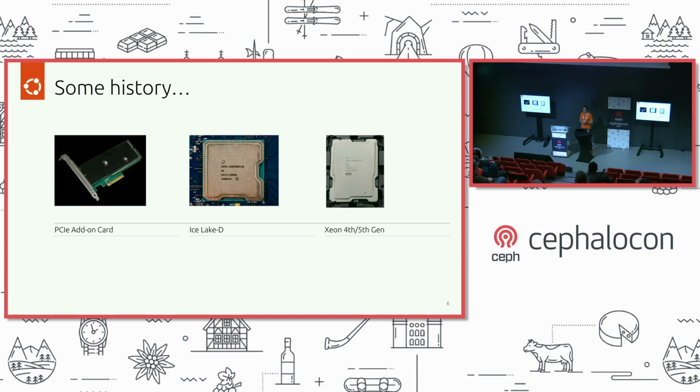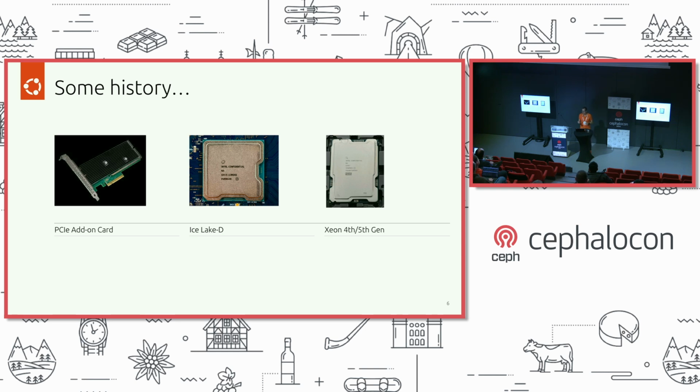Then we got to the middle of the last decade, around 2015-ish, when Ice Lake came out. Ice Lake D in this case was not a super powerful CPU, but they started to add QAT cores onto the die, so you could start taking advantage of that hardware. The compression stuff I don't think was around then.